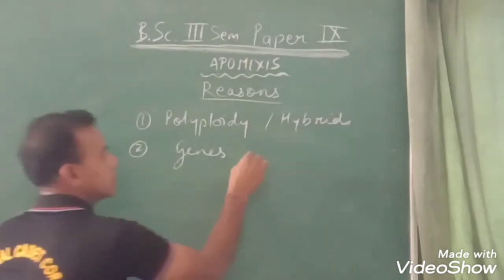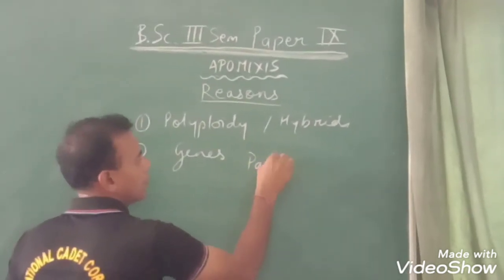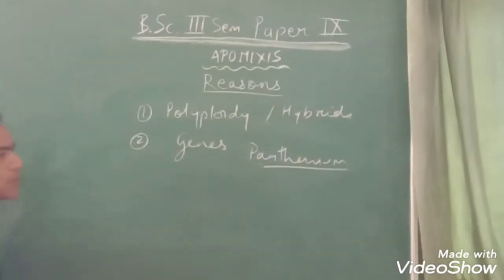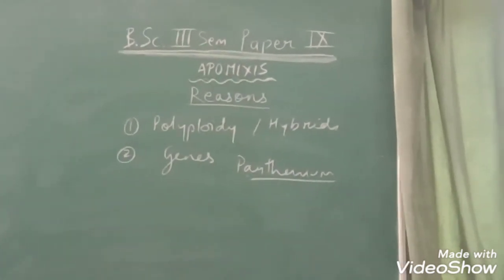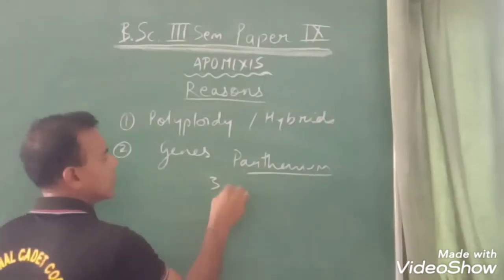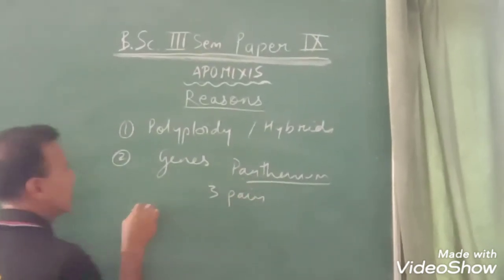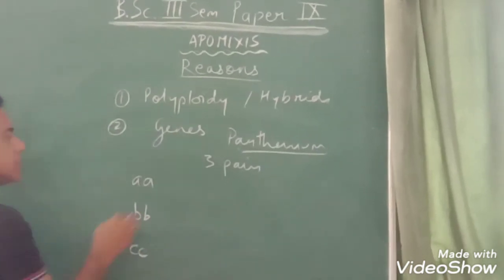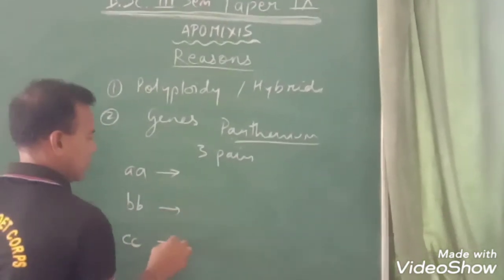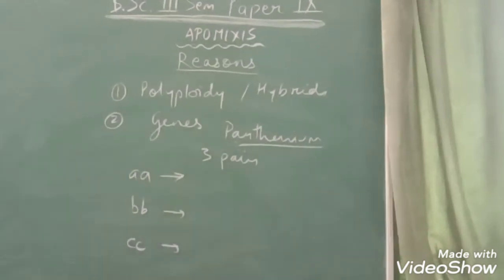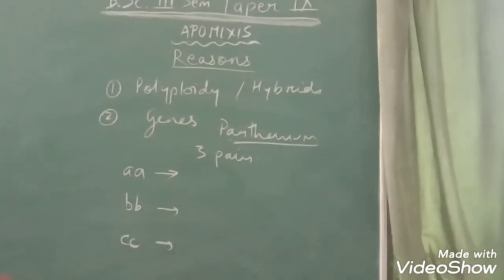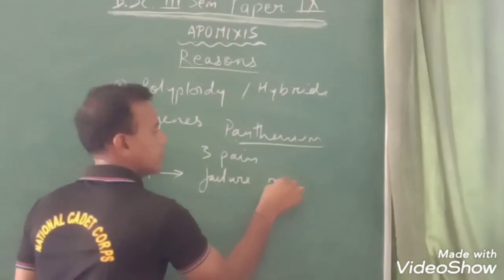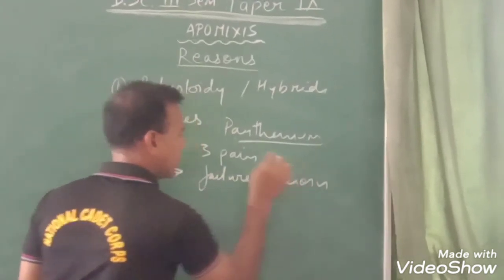Here we will consider an example of Parthenium, in which apomixis is controlled by 3 pairs of recessive genes, aa, bb and cc. Small aa is responsible for failure of meiosis. Meiosis doesn't take place.